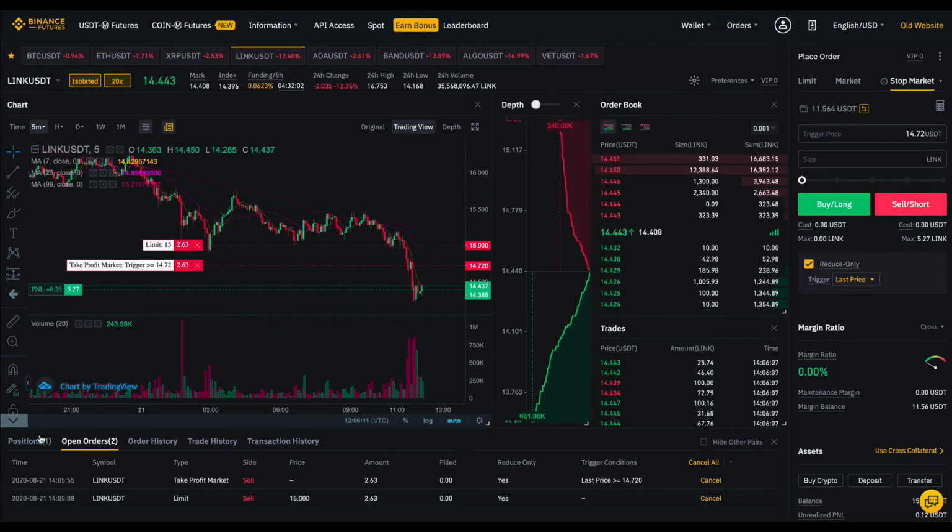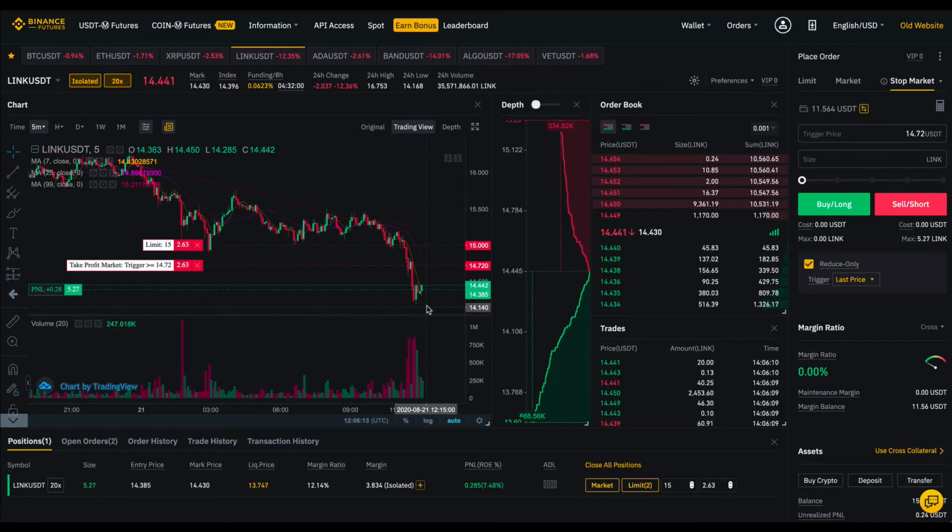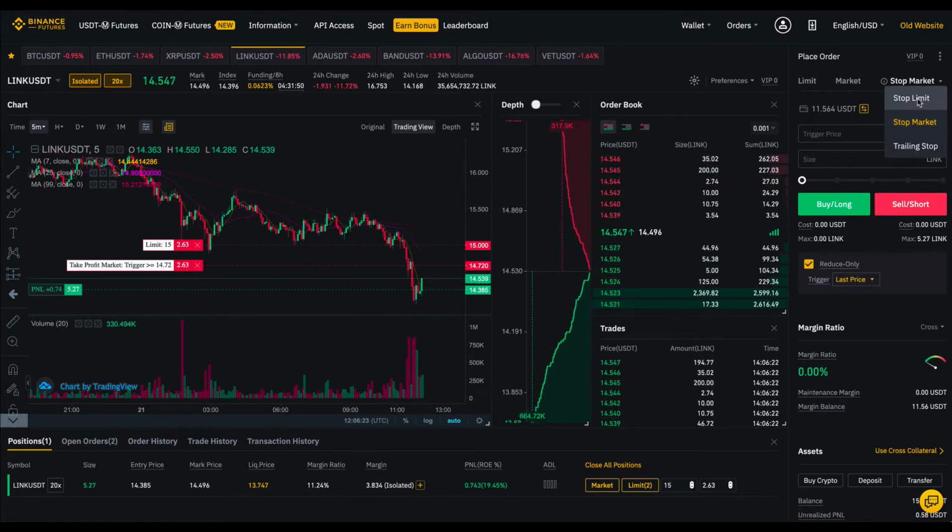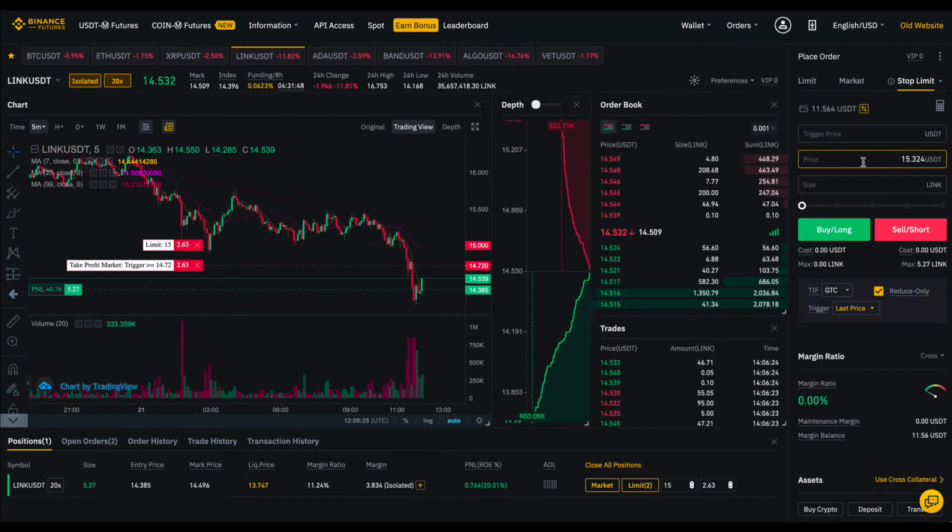If I then say, okay, if price goes below $14.15, I want to get out and I don't want to be in the market, I can then use what they call the stop limit. And you'll see there are two price points here. I'll need to type in $14.15, but I'll need to retype it in there.